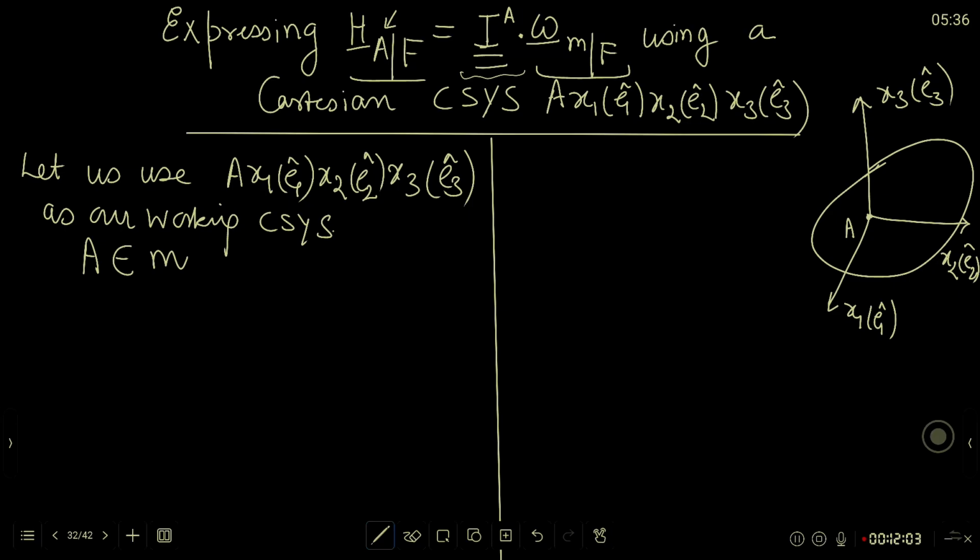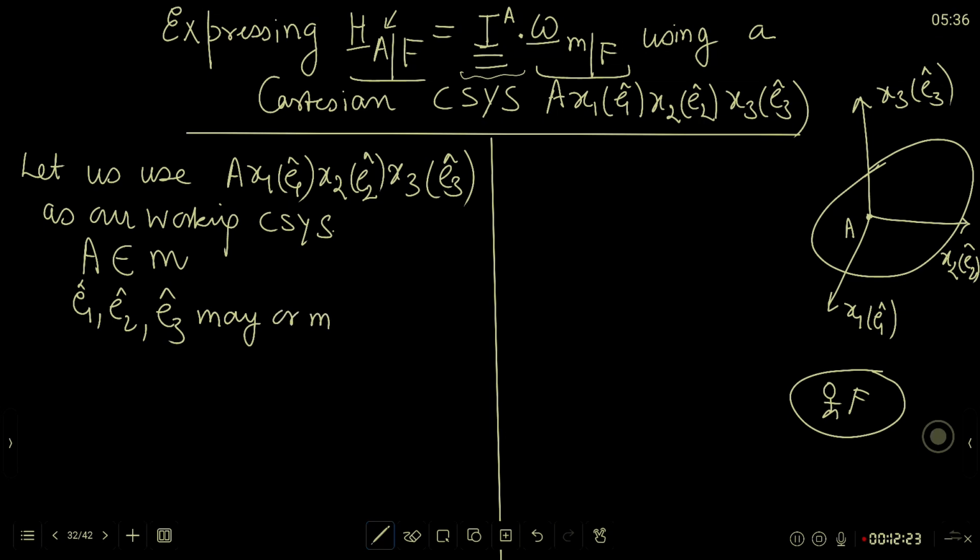And of course frame F is there. I am not imposing any restriction on E1, E2 and E3. They may or may not be fixed to M. I can have such a Cartesian coordinate system. Earlier when I talked about 3 different types of coordinate system, my Cartesian coordinate system was frame fixed.